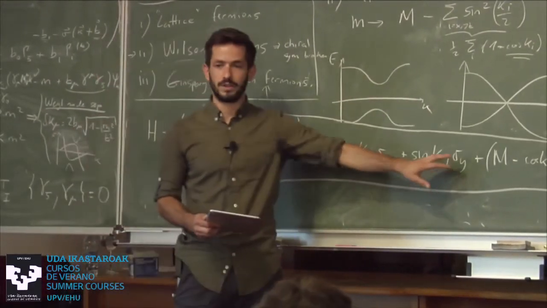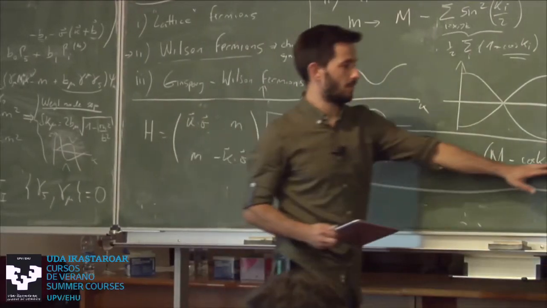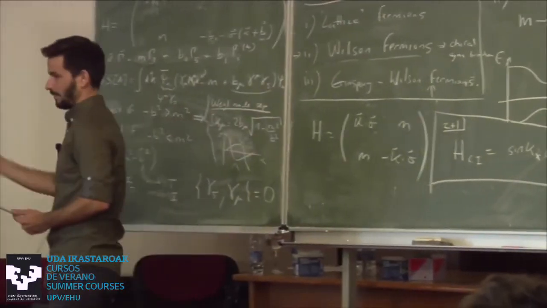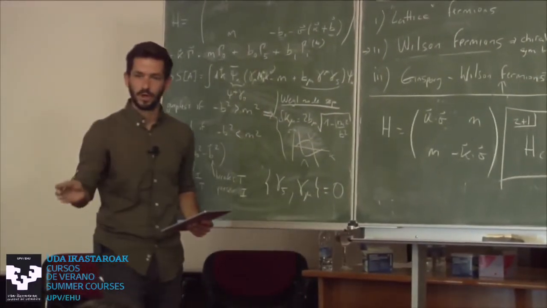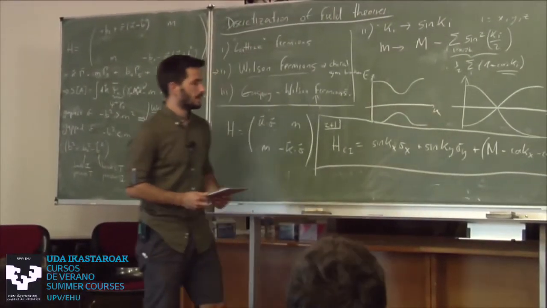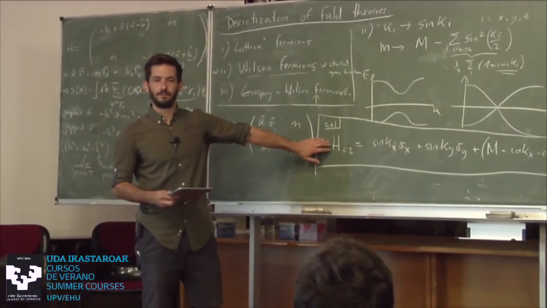So if you compute the Hall conductivity of this guy, depending on the mass parameter, you would see that you can be in a phase where you have Chern number 1 or a phase where you have Chern number 0. So a Chern oscillator is nothing but a Wilson fermion, actually.